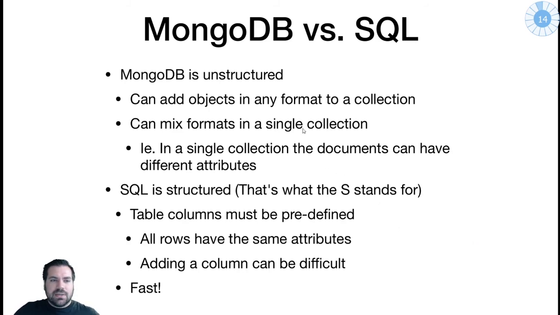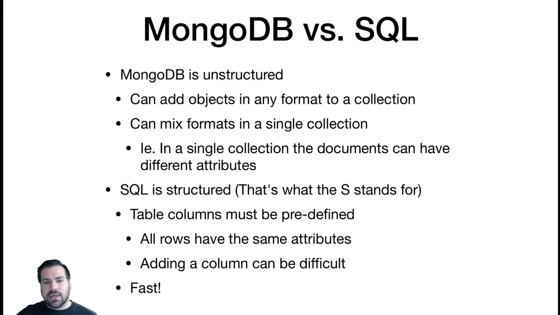So the big difference, MongoDB is very unstructured. You can throw things in this collection, and the structure never really matters. I shouldn't say never really matters, but MongoDB is not going to check any structure for us. If we have a collection, which is similar to a table, we get multiple collections in a database.